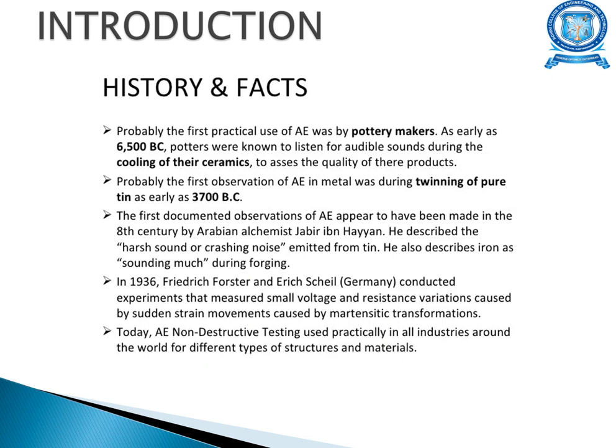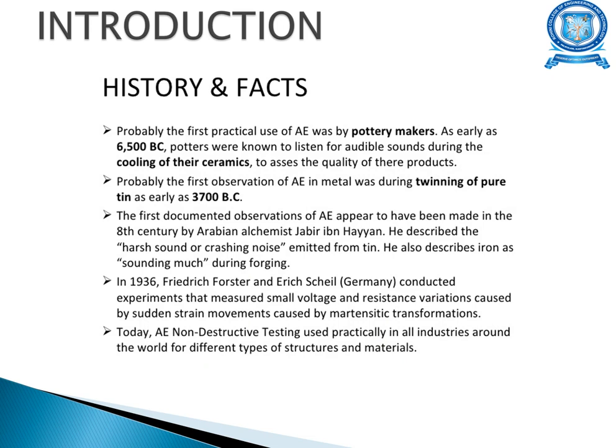Coming to the history and facts, the first practical use of acoustic emission was by pottery makers. As early as 6500 BC, these potters were known to listen for audible sounds during the cooling of the ceramics in order to assess the quality of the product. The first observation of acoustic emission in metal was probably during twinning of pure tin as early as 3700 BC.